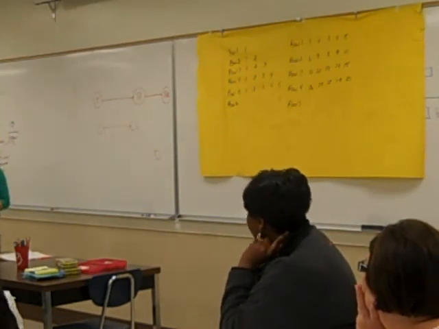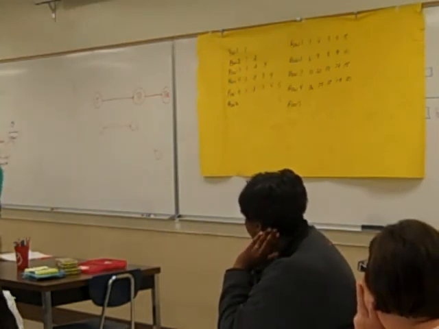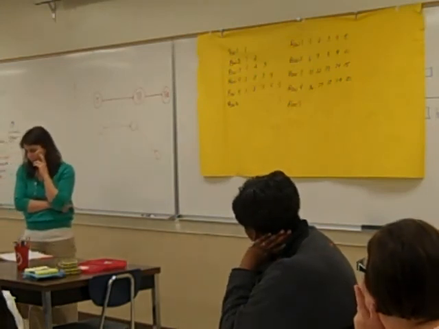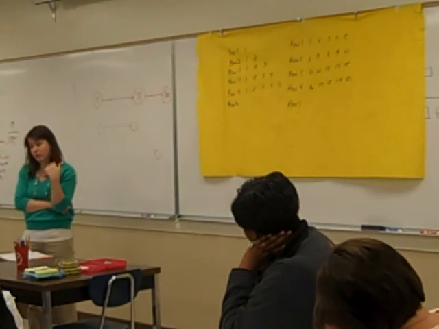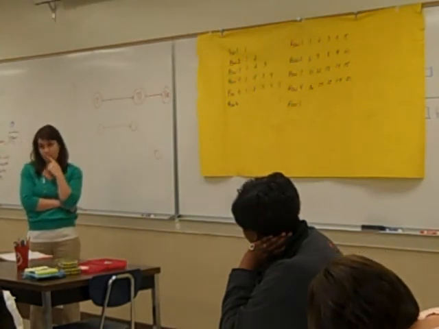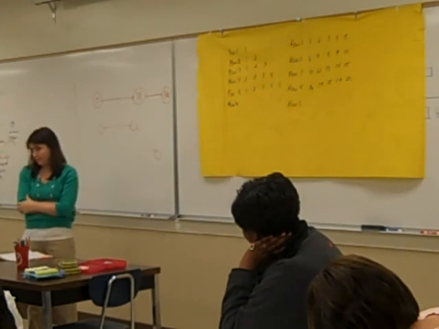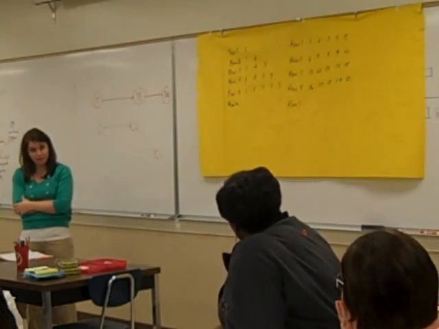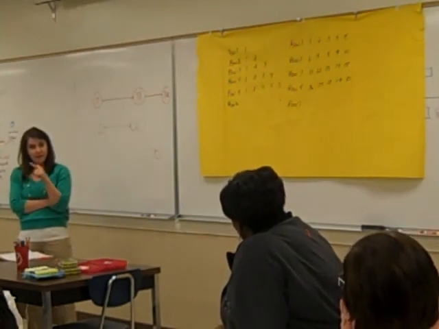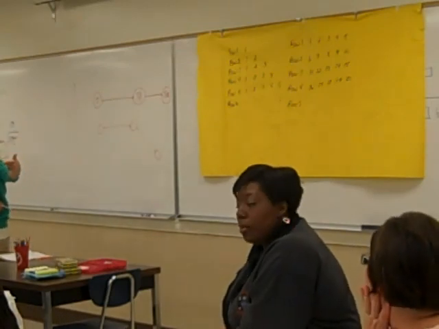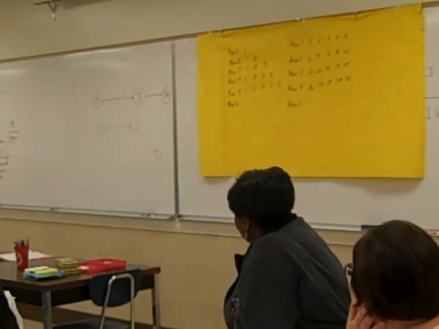Row 6 ended in 30, and so the next number would be 31. Very good. Then you could get harder, and you could say, well, what about the 4th number in row 8? 39. And how do you know that? Because row 8 would end in 40, minus 1. So you did 8 times 5, which would be the last number, minus 1.